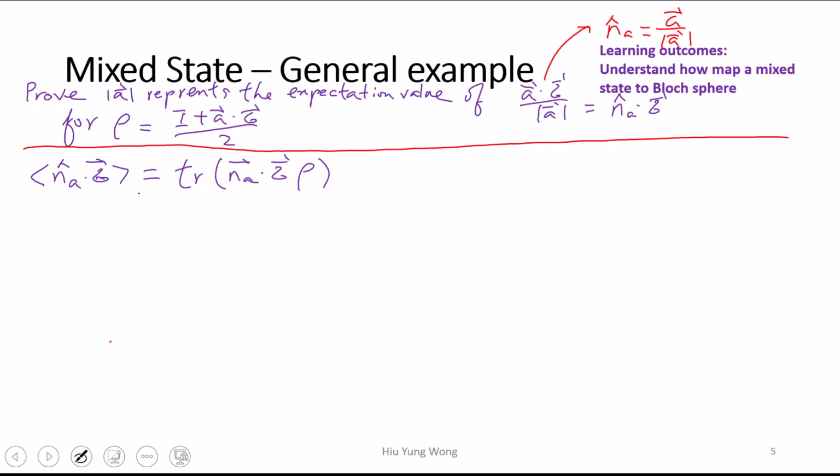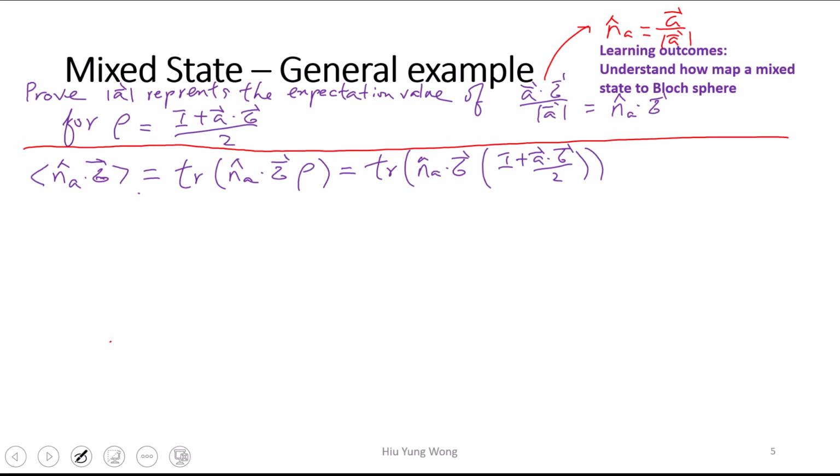This is the definition. So let's just keep plugging in. This is equal to the trace of NA hat dot sigma, and I just plug in rho, which is I plus A dot sigma divided by 2.